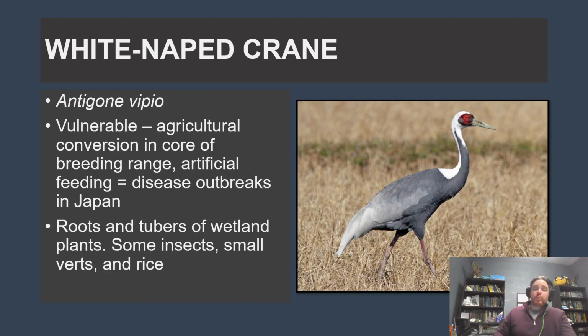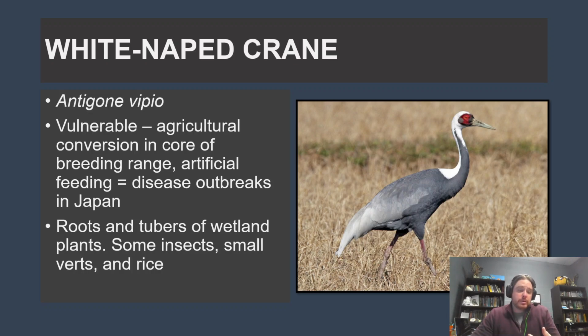The white-naped crane, Antigone vipio, is a vulnerable species. Main causes of that are significant agricultural conversion in the core of its breeding range. These guys breed in China and Russia mostly, and Mongolia, which we'll look at in a minute.